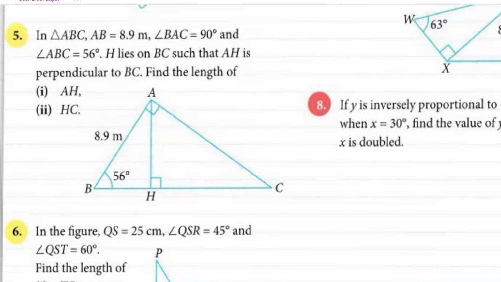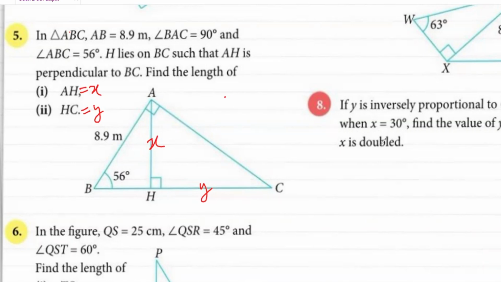I hope that you can also solve it. Here in this question number 5, AH is required to be found and HC is also required to be found. Mean AH, this side, say I am naming this AH side as X and HC side as Y. Okay, for the sake of convenience, this is X and this is Y side. Now here in the triangle ABH, concentrate on the triangle ABH.